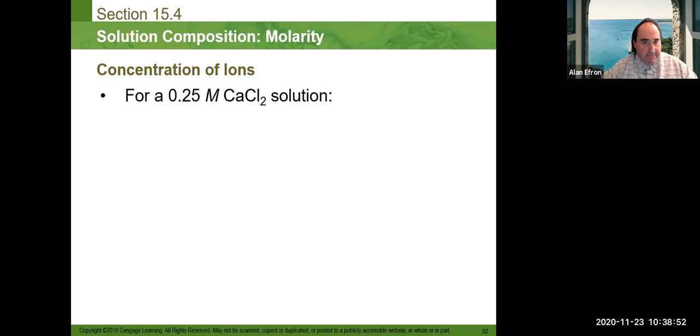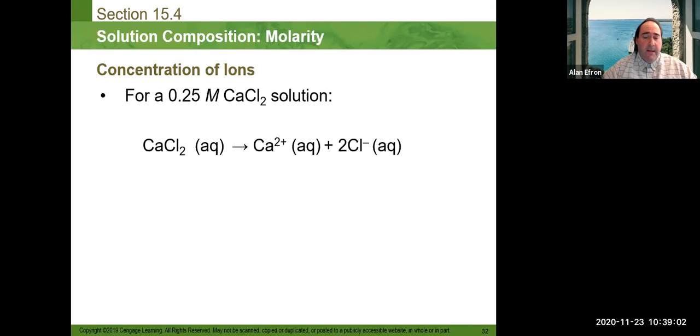We can do that with molarity, based on how that ionic compound breaks apart. If we take something like calcium chloride, when it breaks apart, we get one calcium ion for every two chloride ions.